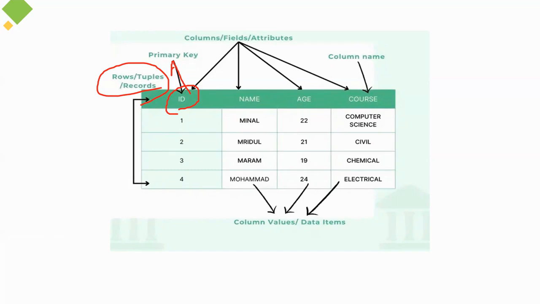And these are called columns, or fields, or attributes, whatever we call them, and they will have the same name. We call the individual values data items or column values, and attributes are the column names. These are the terminology and naming conventions in an RDBMS table.